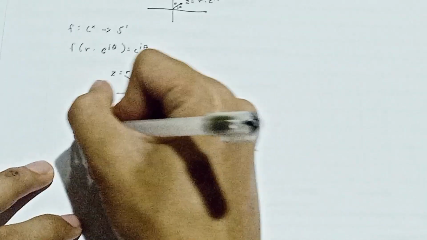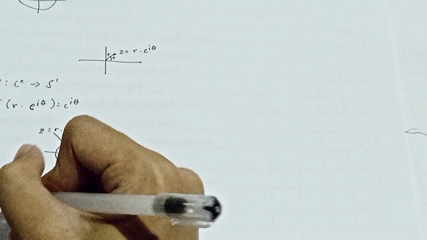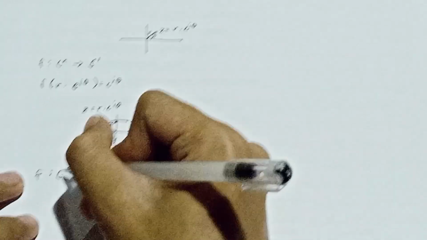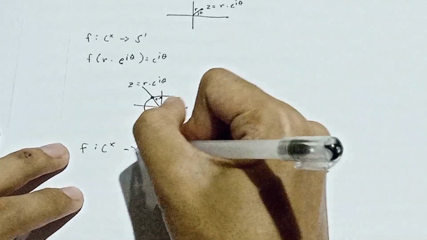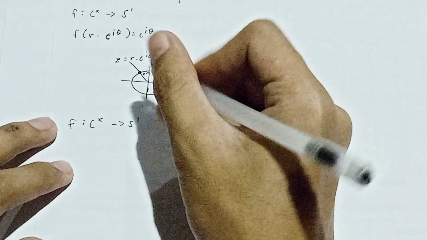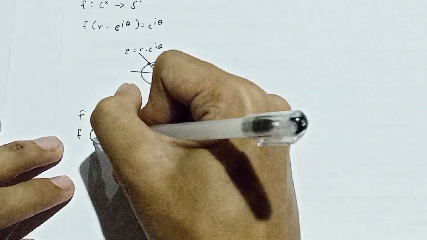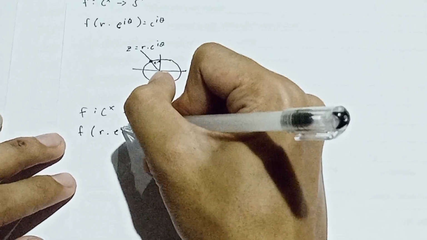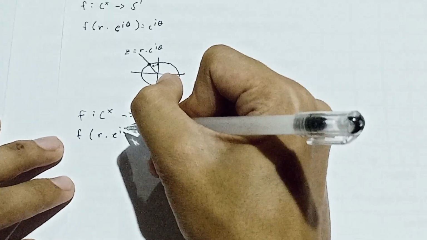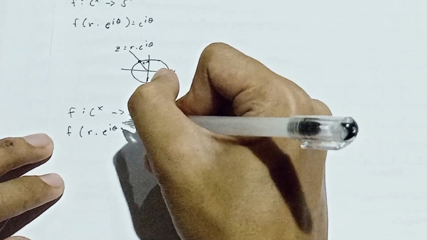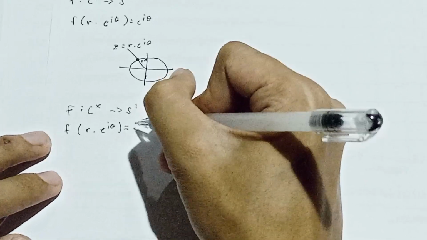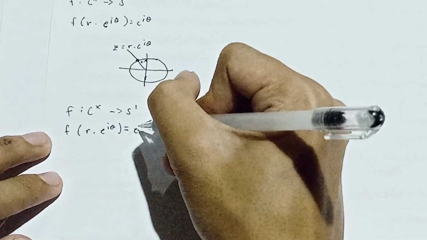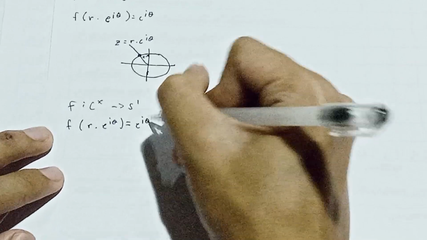So f goes from C to the power of x to S to the power of 1, and f of r times e to the power of i theta is equal to e to the power of i theta.